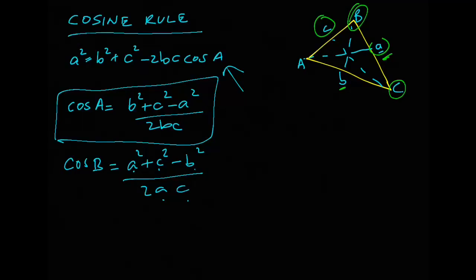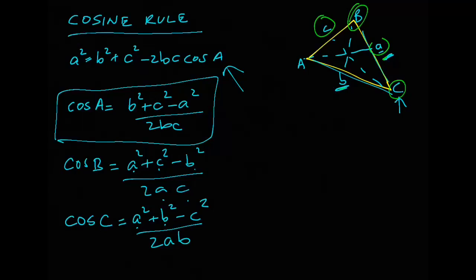And then finally again, if you knew angle C, then it would be a squared plus b squared minus c squared on 2ab. So again, they're the adjacents to the angle. So this is your angle C, the adjacents are b and a, and c is the opposite to the angle.